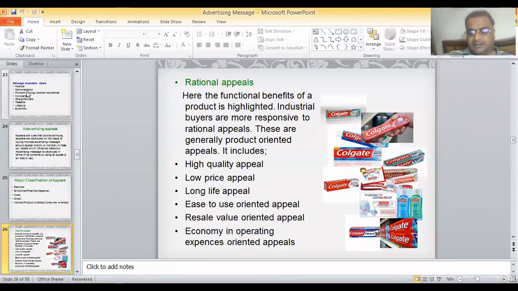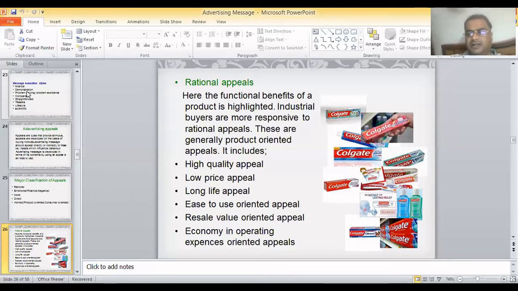So these are the rational appeals which are definitely shown in advertisements. We see it day in and day out how rational appeals are made. We normally see a lot of times durability about tires and other stuff in advertisements.